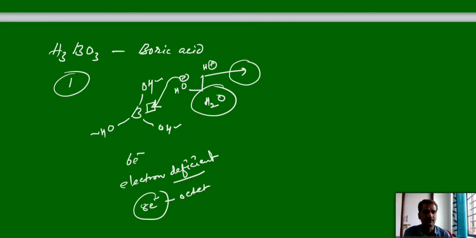But one more point: we use other terms like monoprotic acid, diprotic acid, triprotic acid, tetraprotic acid, and so on. Boric acid is not a protonic acid. Why? Because even though it has 3 hydrogens, none of the hydrogens is replaceable. So boric acid is not a protonic acid. This is also very important.